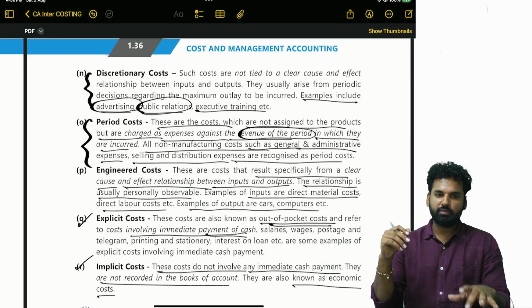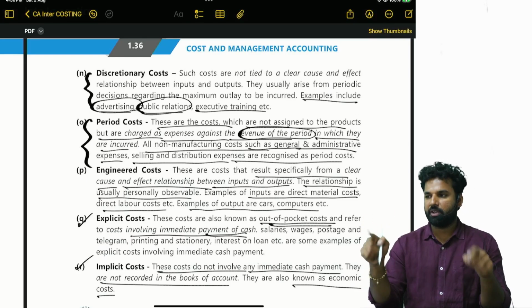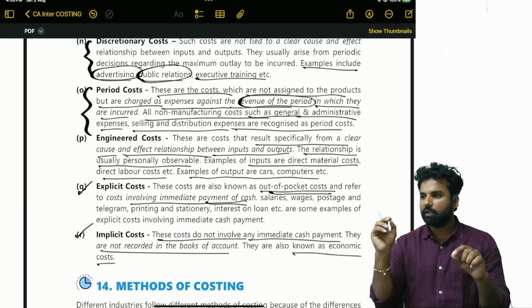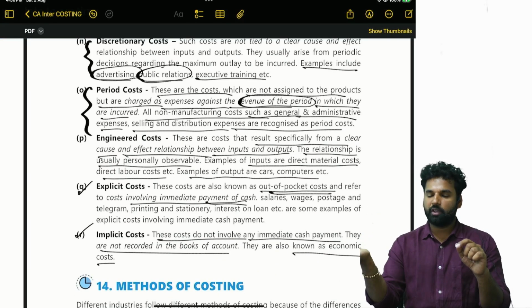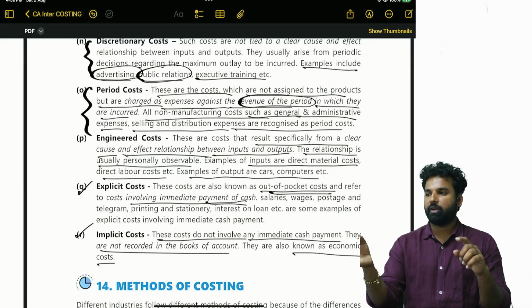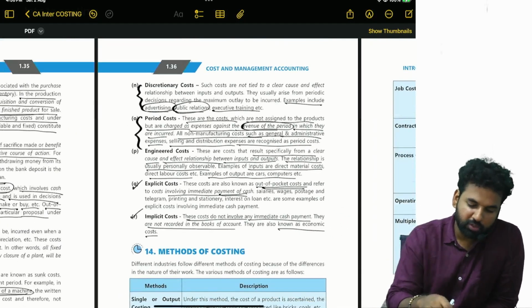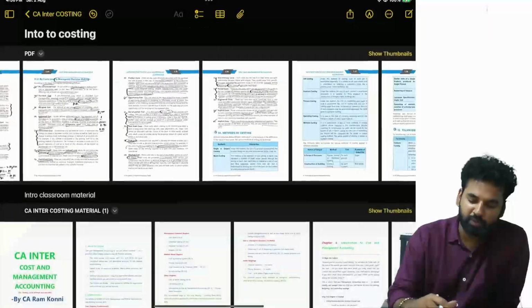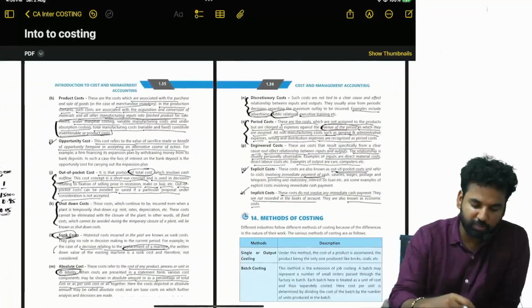Engineered cost, for which an input-output relationship can be established. Explicit cost, which needs immediate cash outflow. Implicit cost means there will not be any need for cash payment immediately. Those are implicit costs. So these are the different types of costs based on the usage by the managerial persons.